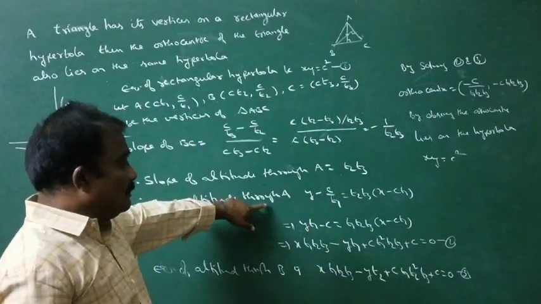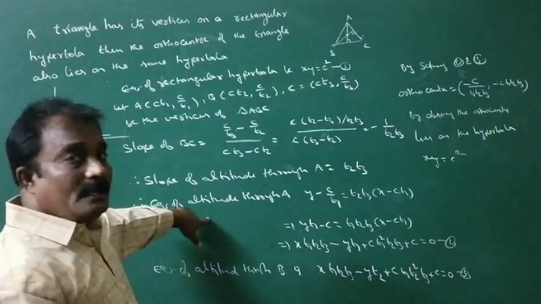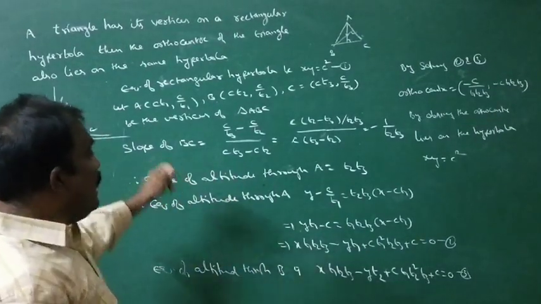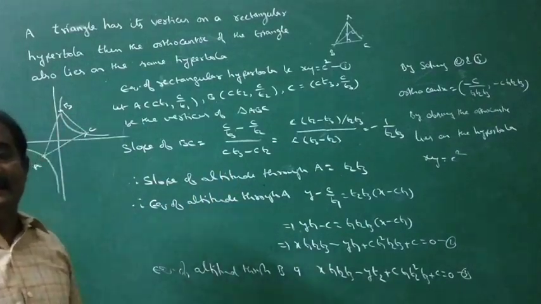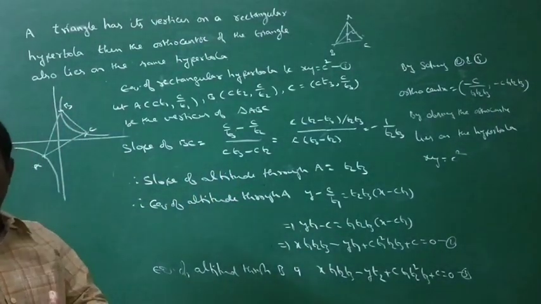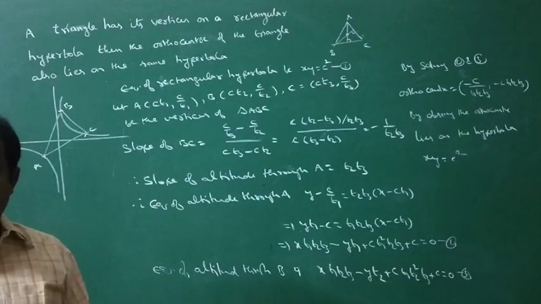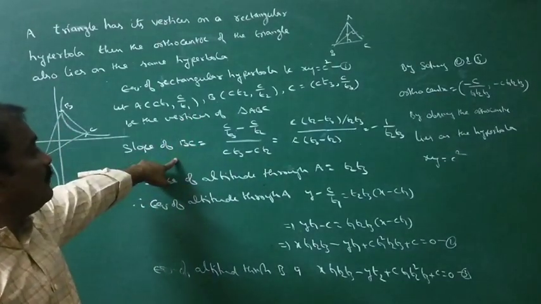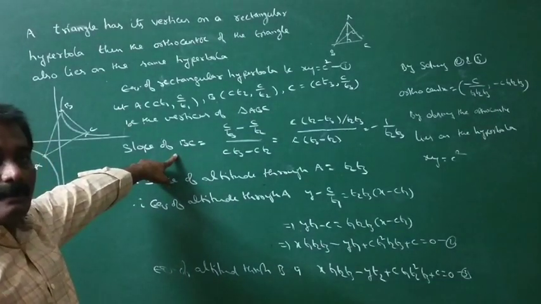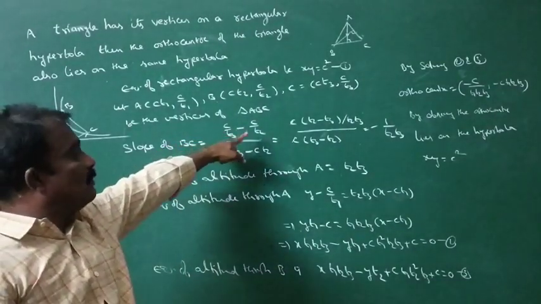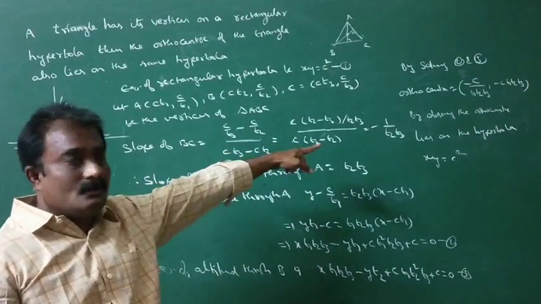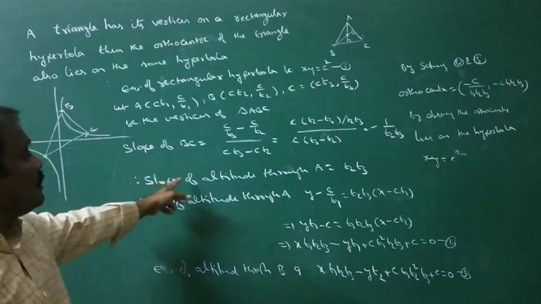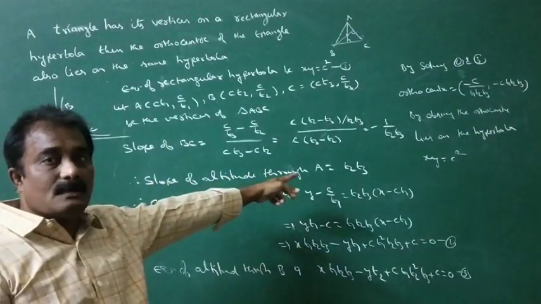So here, once again I am explaining how we get the equations of altitude through A and through B. Altitude through A is nothing but the line which is passing through A and is perpendicular to the side BC. For that one, here I find the slope of BC: difference of the y coordinates by difference of the x coordinates. We are getting minus 1 by t2 t3. Therefore, slope of altitude through A is nothing but t2 t3.